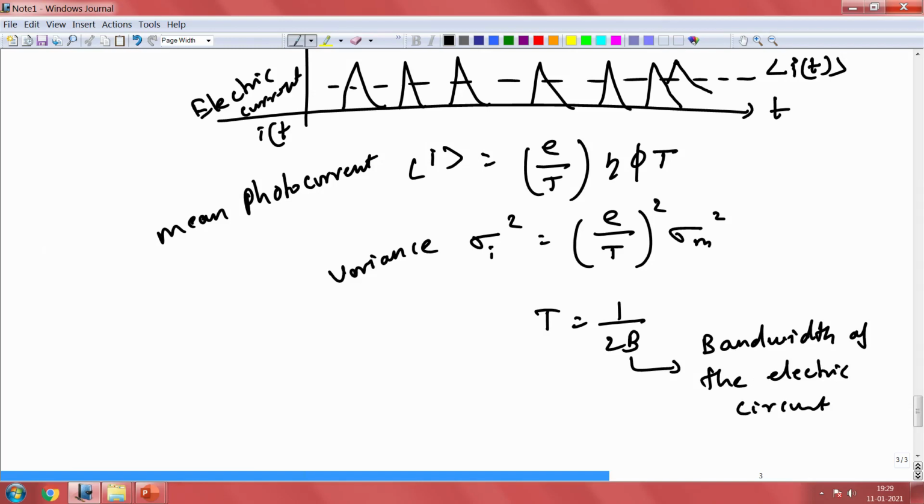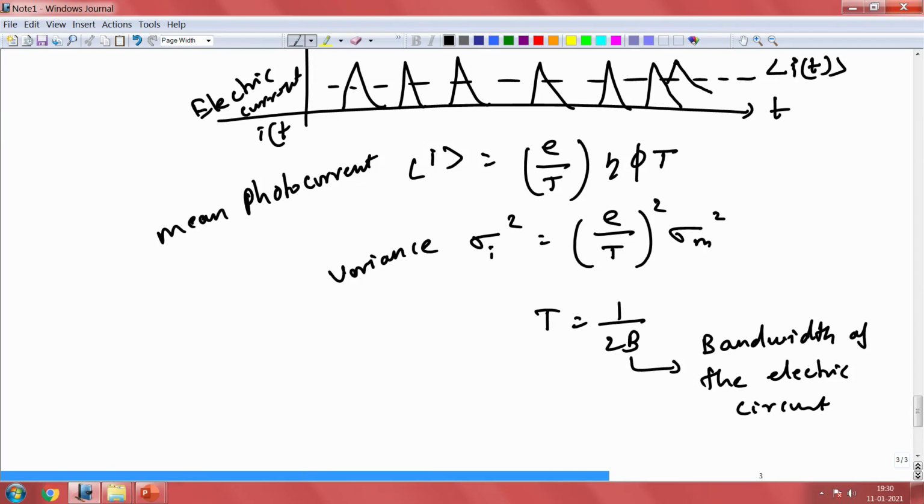So, based on the bandwidth of this circuit, you can say that this is the time interval over which I am collecting so many photons from the system. Okay. And once you have so many photons, that means your flux that you are collecting, and from there you can calculate your total power and sensitivity and so on.